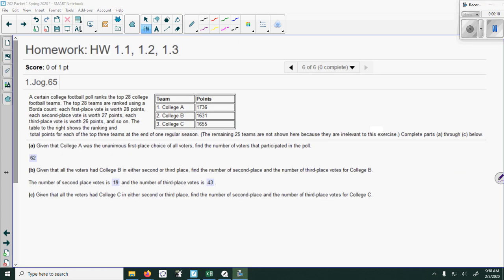This last part is similar to part B. All the voters had College C in either second place or third place.